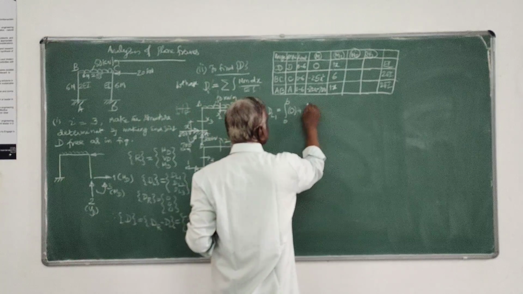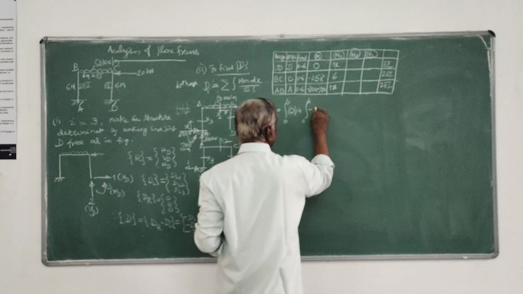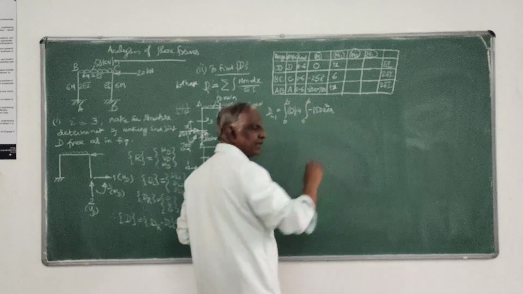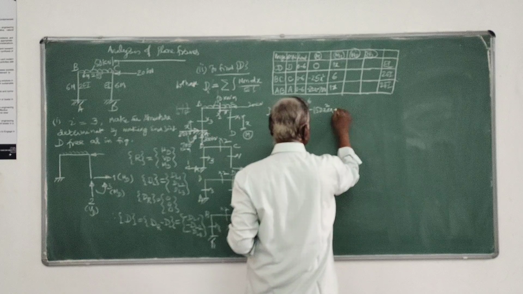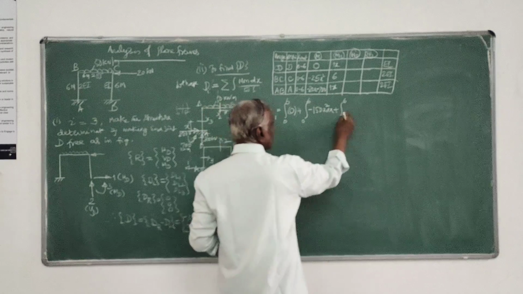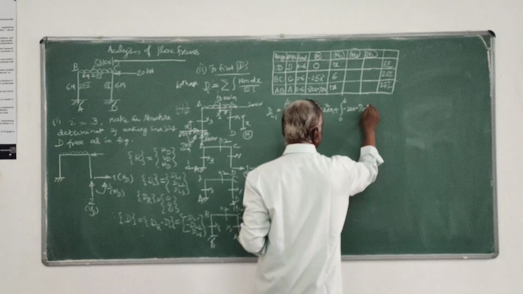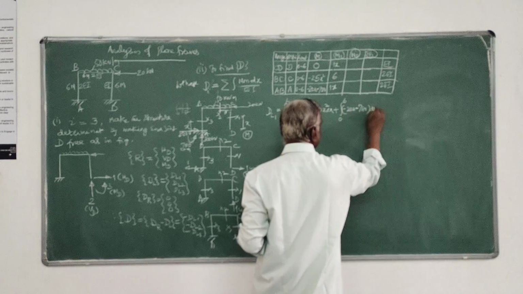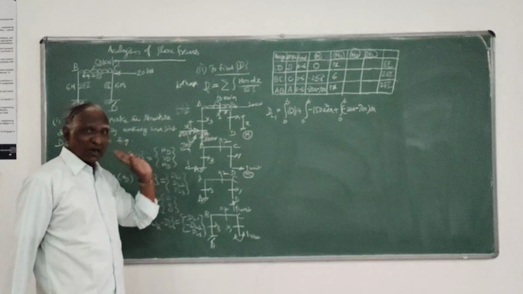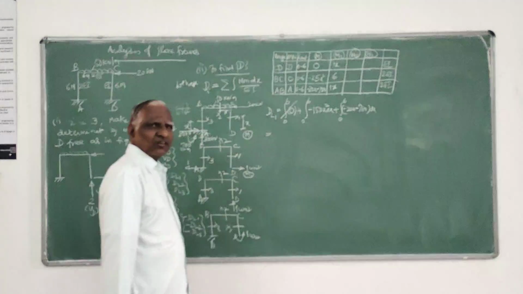Next, plus again 0 to 6, 6 into minus 25, that is minus 150 x squared dx. Then plus, this is also 0 to 6, 1x into minus 20x minus 780 into dx. Now it is just evaluation of the integral. You should not make any mistake. You should be experts in integration.